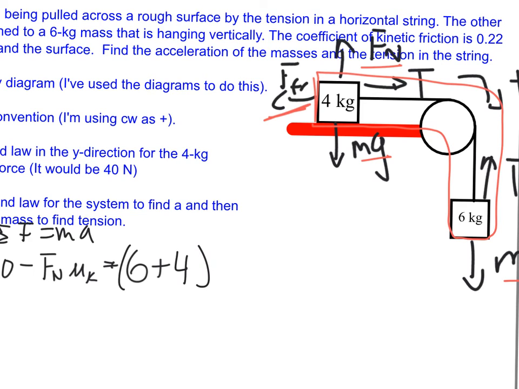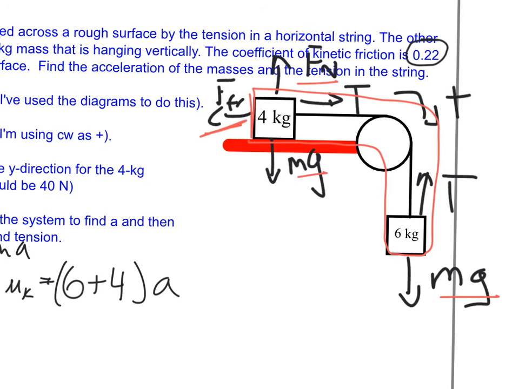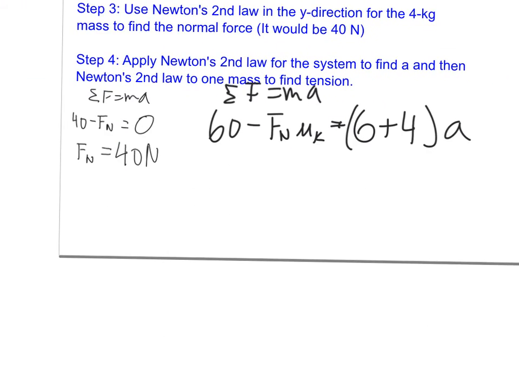So that is 10 times whatever the acceleration is. Up above, we've got a coefficient of friction of 0.22 times 40, so that is going to be about a fifth of it. We're looking at 8, maybe a little less, somewhere around 7.4, I'm going to call it. Might be 7.2. Minus 60 over here, and that is 10A.